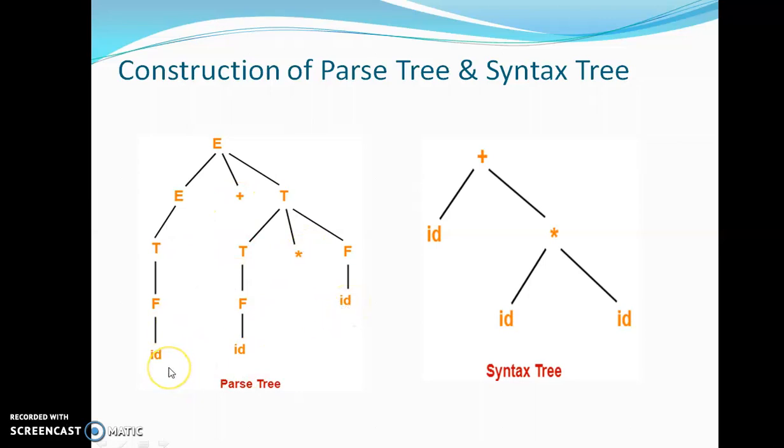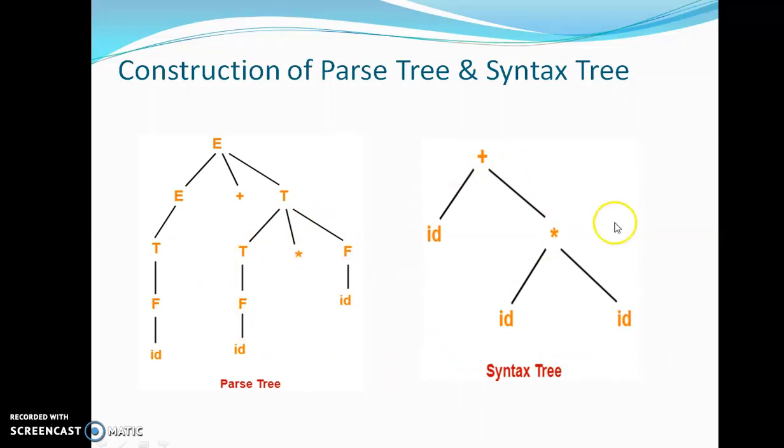Here every piece of information is given for each node. Start from the starting variable E gives E plus T, then E goes to T, T goes to F, F goes to id. Again this is constructed by the context free grammar.